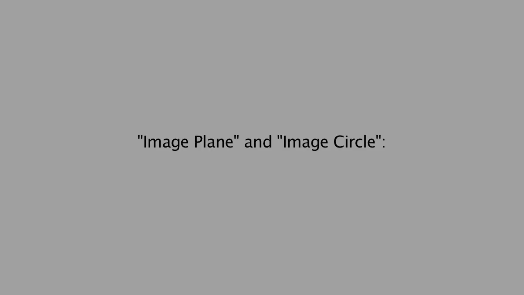Some technical camera-related terms made simple. Image plane and image circle. It could be tiresome if throughout my presentation I kept saying the phrase, the film frame or the sensor. I could instead talk about the plane that is there. Many people call this the focal plane or the plane of focus.